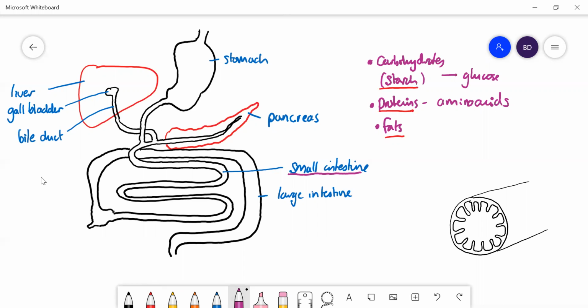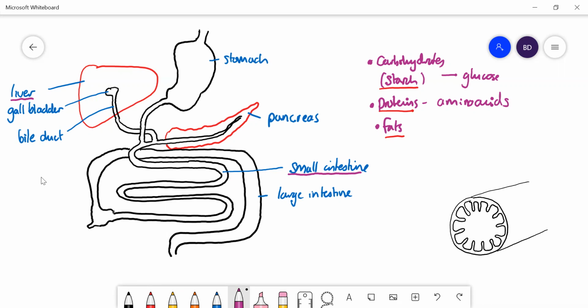It's a bit too complicated, but there's going to be lots of blood vessels there, and the food is going to pass out of the small intestine into the blood vessels, and those blood vessels collect to form into a vein, the hepatic portal vein, and that gets carried to the liver here, and then the liver processes all those small molecules which have been absorbed from the food. Okay, so that's the general principles of it.